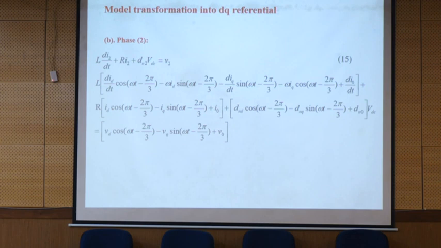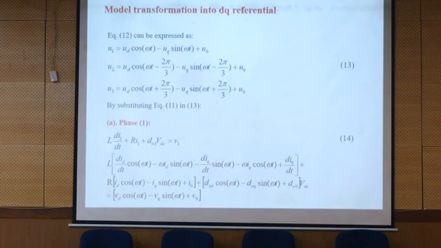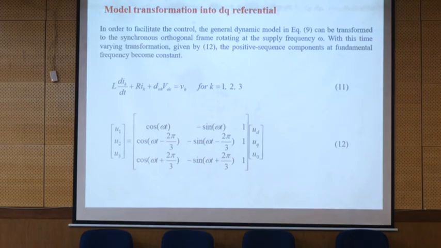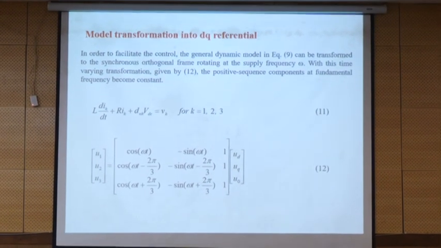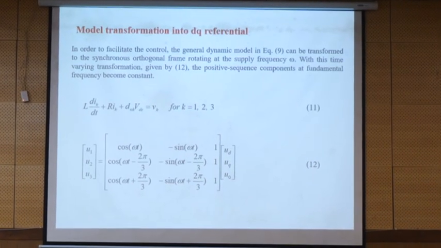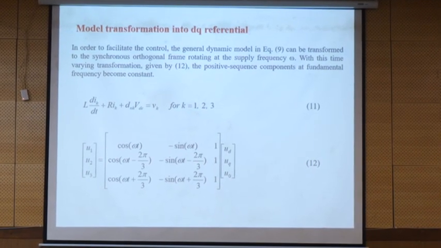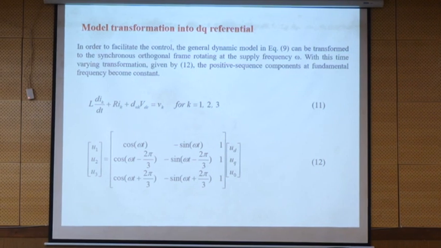The only difference between phase 1 and phase 2 is that in phase 2 we follow cosine omega t minus 120 degrees, so it has the phase shift. So the new equation will be obtained almost similar, but with a 120-degree phase shift from phase A.